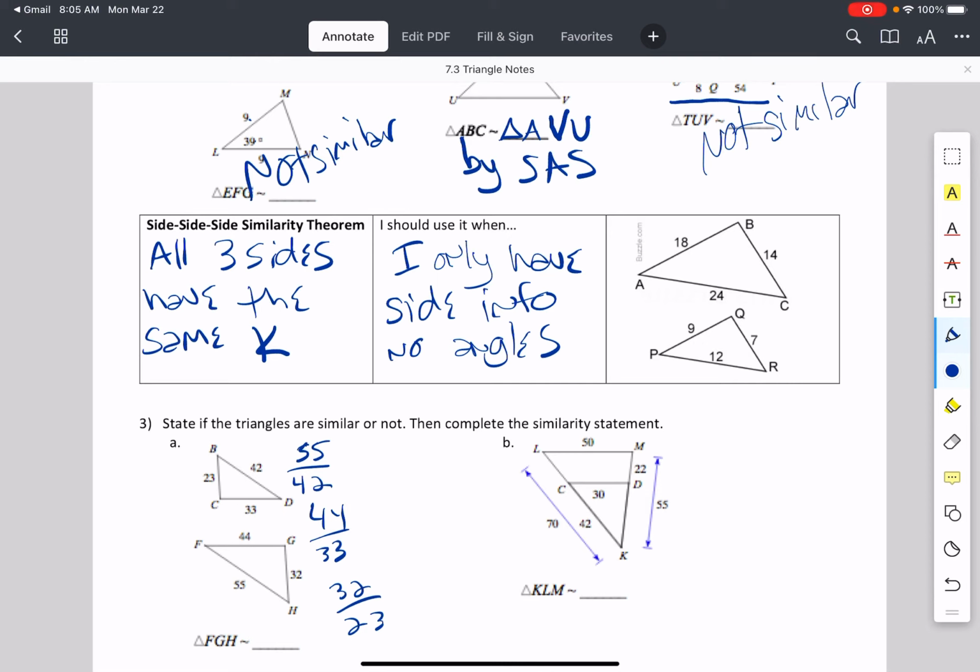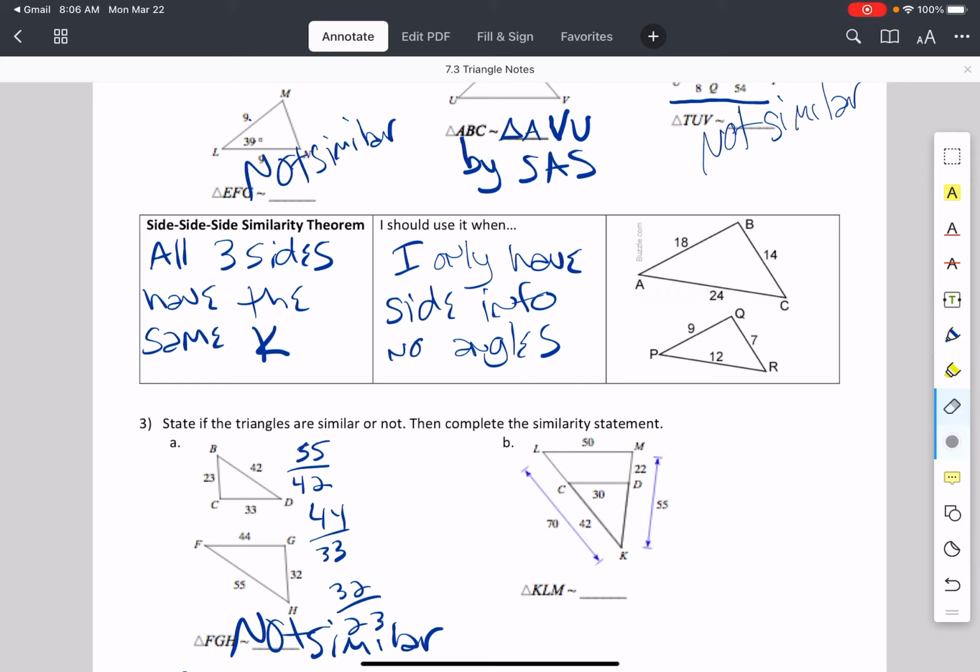No, they're not. I did the math. So not similar, because I don't have the same scale factor between the corresponding sides.